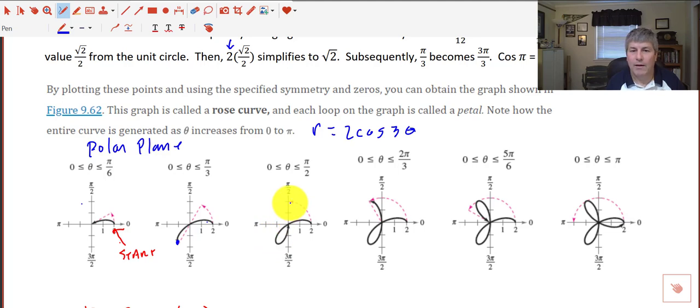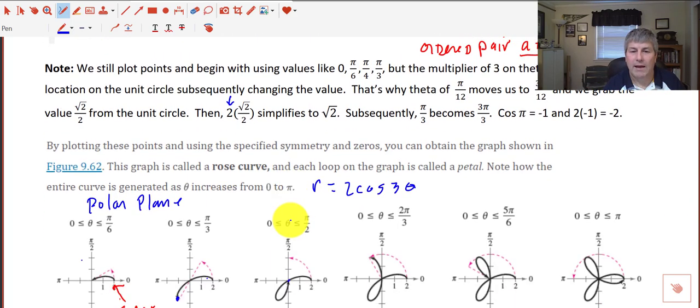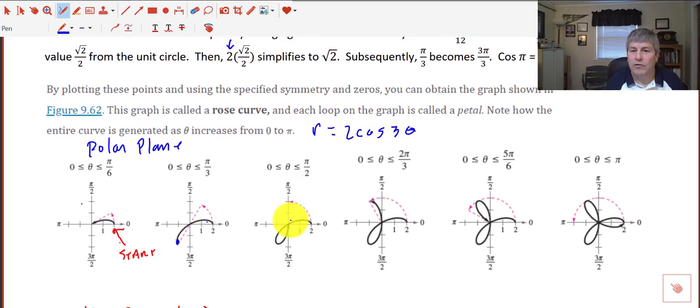Here we're at pi over 2, and we end up with an r value of 0, which we had here. And we continue to move through values of theta, plotting those points, and we create the third petal, and we come around, and as we head towards pi, we end up back at 2 again.